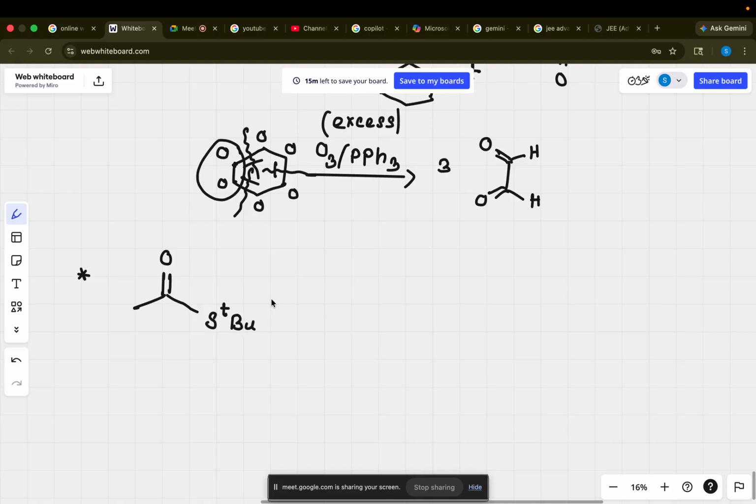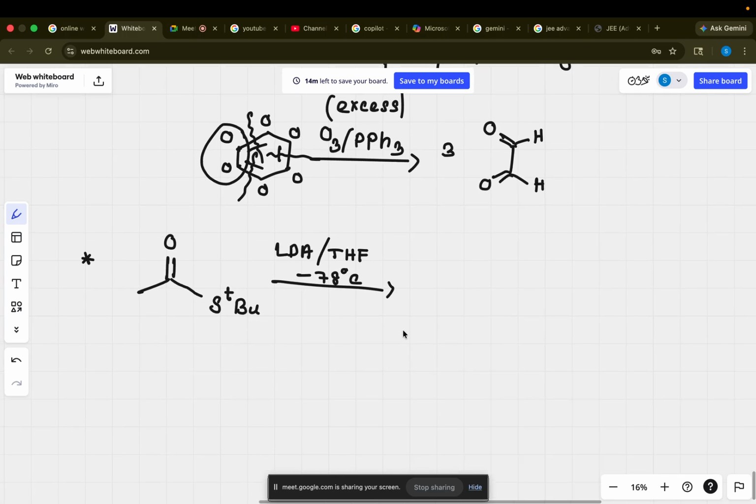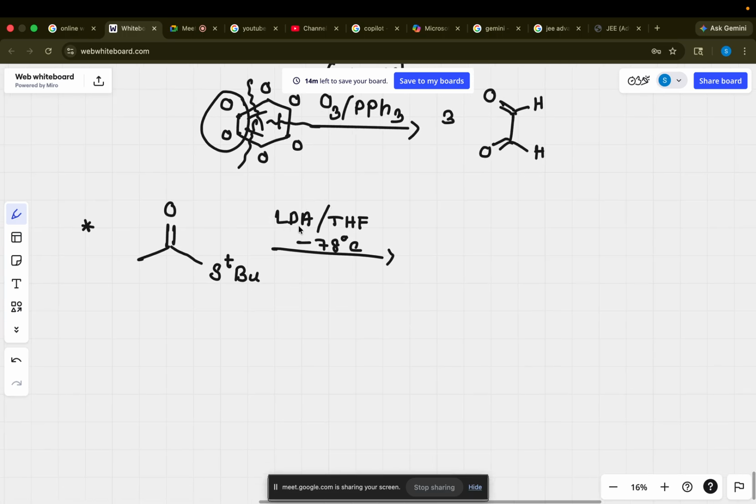So you have this. Now here also I am giving this reagent LDA, in presence of THF at minus 78 degree centigrade. So write down what will be the enolate. If you have base, it will abstract a proton, right? This side you have sulfur, no proton, this side you have proton.